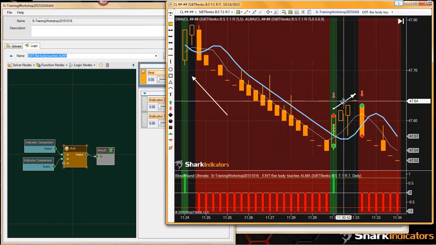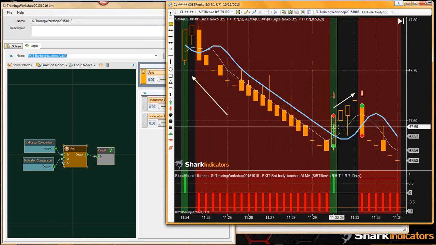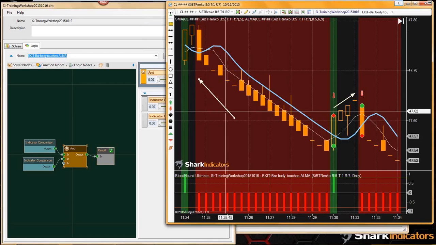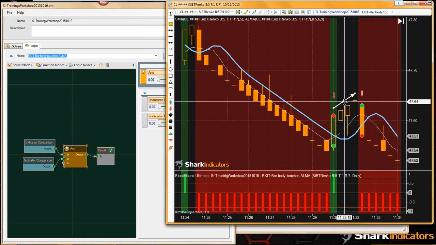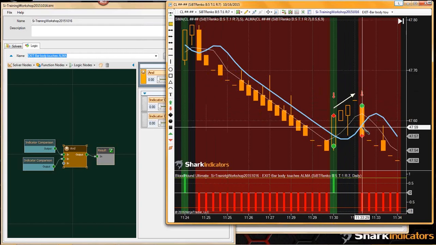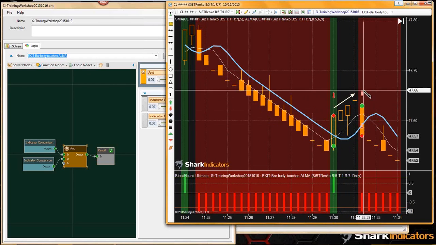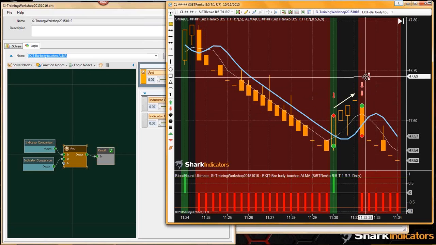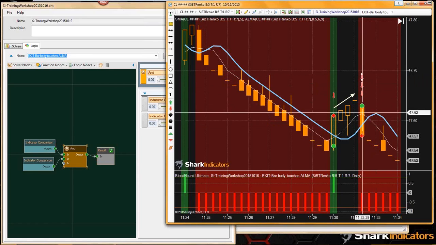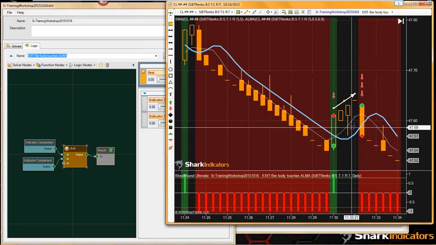So let's say we're in a long trade here. We're in a long trade here, and so we're going to want to build a short signal here. Let's build a short signal for this bar to exit a long trade.